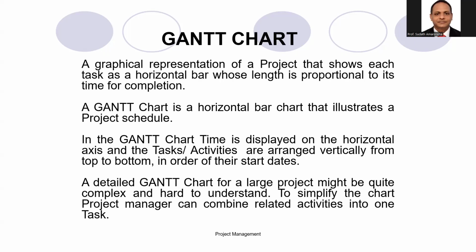The Gantt chart is a graphical representation of the project that shows each task as a horizontal bar whose length is proportional to its time for completion. Normally, we do the Gantt chart using horizontal bars. Assume we're going to build a new house.